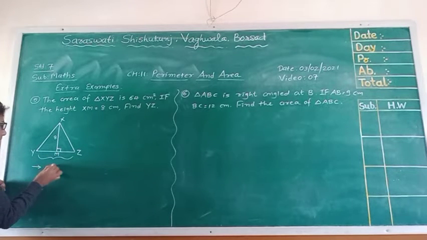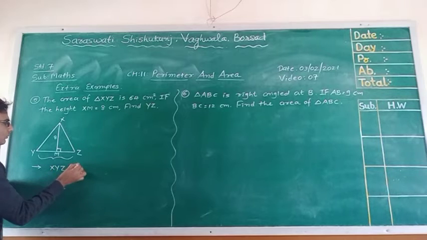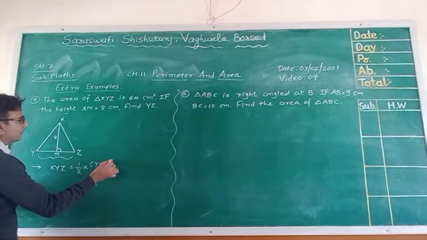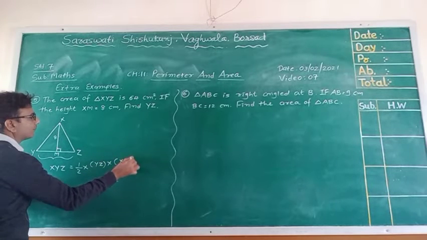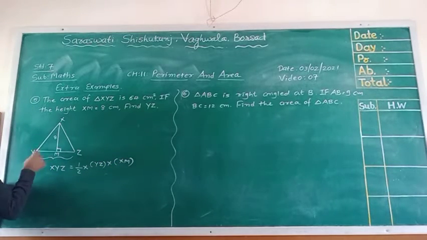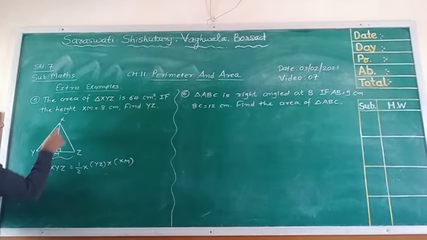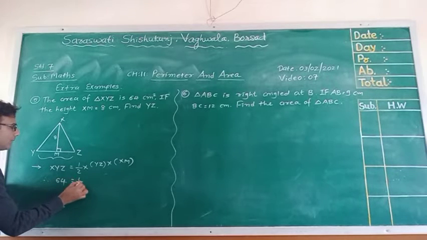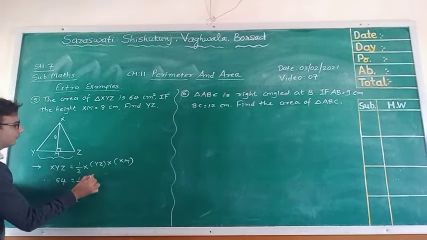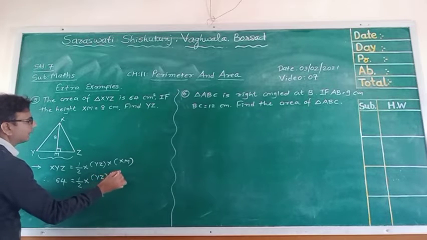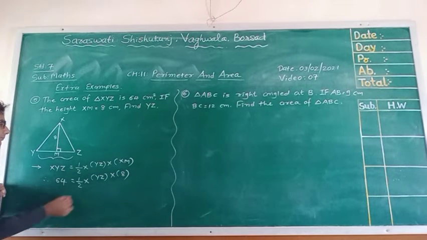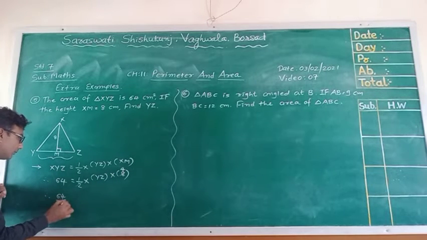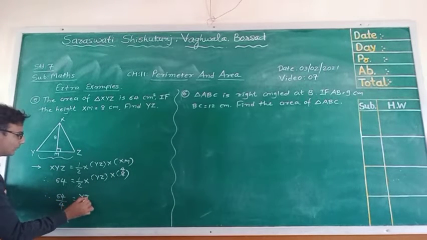So area of XYZ equals 1/2 base into height XM. The area of XYZ is 64, equals 1 by 2, YZ we want to find, and XM is 8. 2 4s are 8, yes, 4 goes downside. 64 by 4 equals YZ.